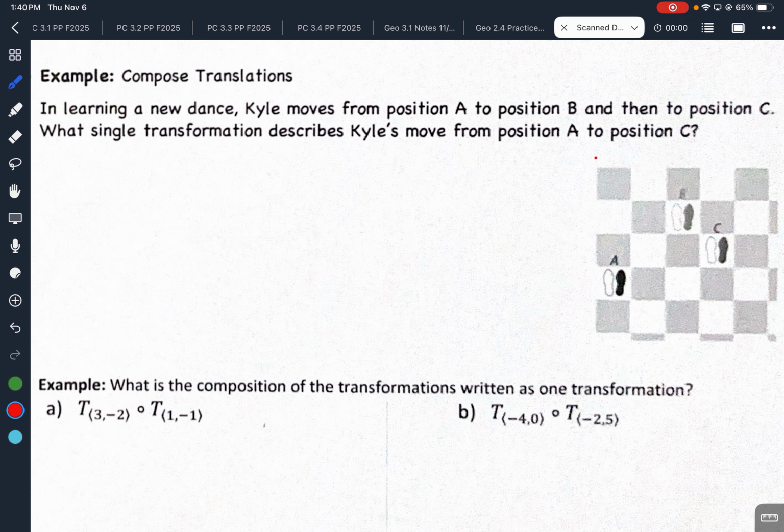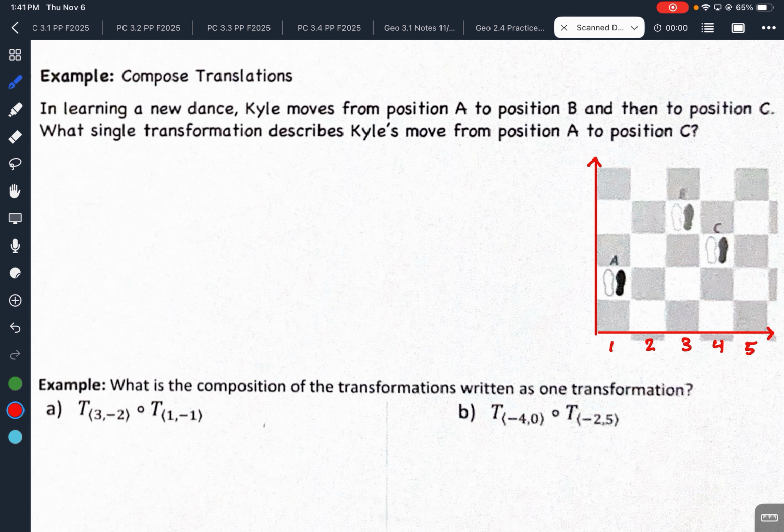We're going to make this our y-axis, and we're going to make this our x-axis. So every square, like the whole square, is a number.